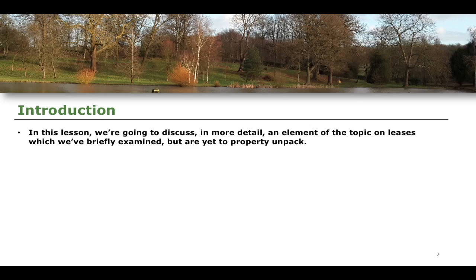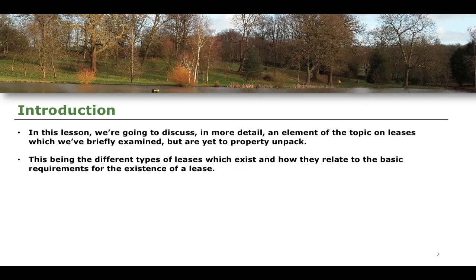Essentially, it's an element of the topic of leases we've briefly examined, but not yet properly unpacked. This is essentially the different types of leases that exist and how they relate to the basic requirements for the existence of a lease.